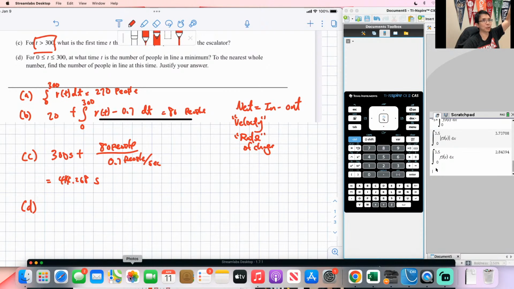Eventually, at the highest point, what's my velocity? 0. Remember, velocity is like the rate, the net rate. So you want the net rate equal to 0. If the net rate is equal to 0, it's going to give you a maximum or minimum.